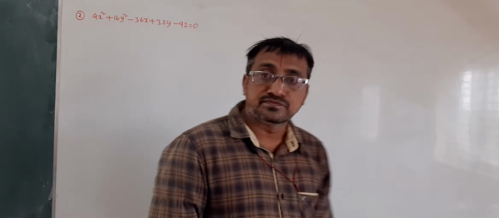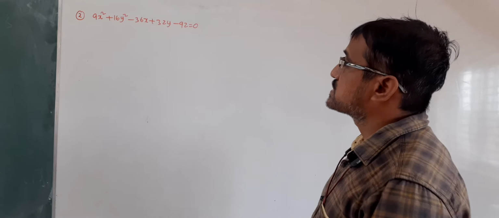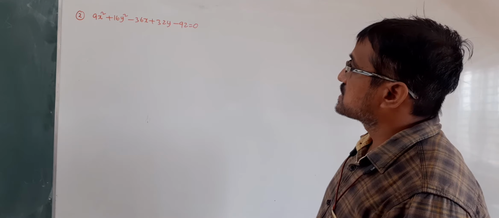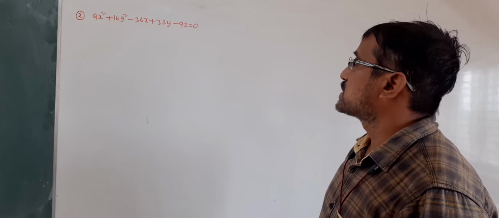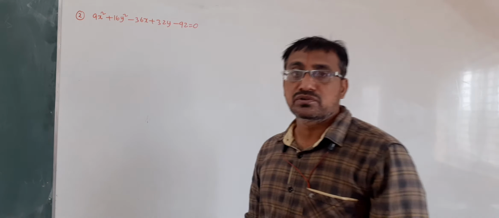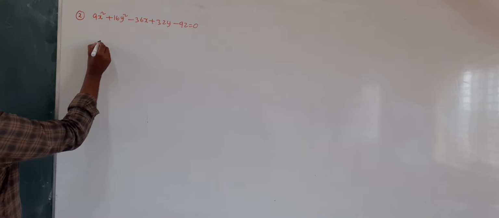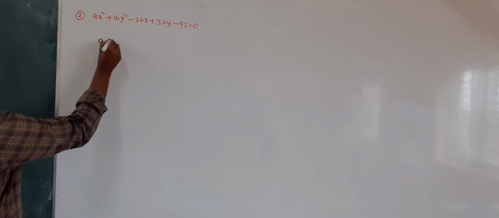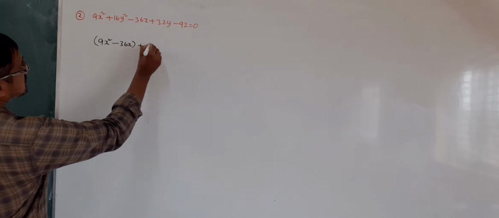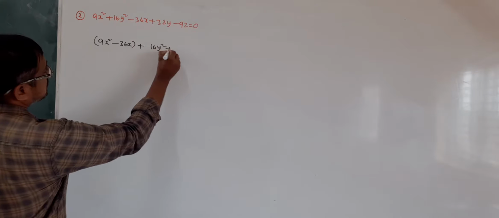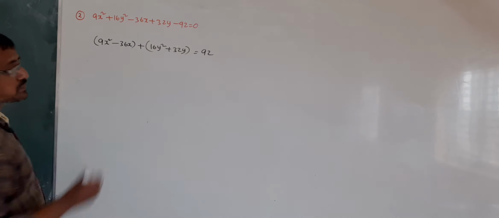Another problem. Here also you need to find all the details about this ellipse. 9x square plus 16y square minus 36x plus 32y minus 92 is equal to 0. Now, 9x square minus 36x plus 16y square plus 32y is equal to 92.